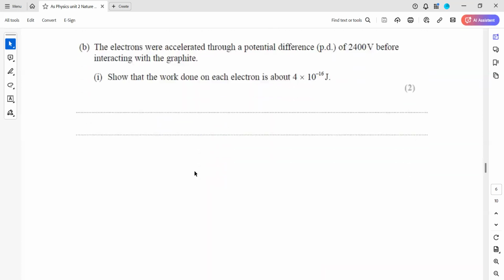In part B, the electrons are accelerated through a potential of 2400 V, interacting with the graphite. State the work done. How do we calculate work done? Force into distance. But in electricity, what is the work done? Voltage is work done per unit charge. So the work done in electricity is voltage into charge.